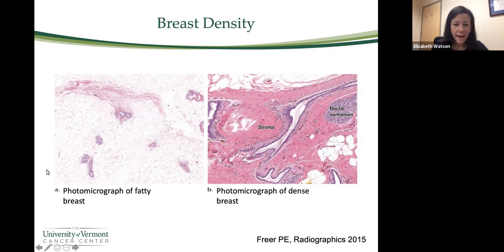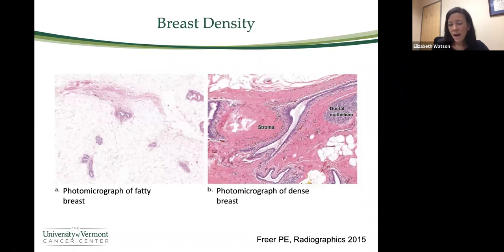And contrast that with the image over on the other side of the screen, which is a photomicrograph, a very magnified view, of dense breast. What you see, which is obviously very different from the first image, are these denser, more pink, more solid areas. This is the dense breast tissue, and you can imagine an X-ray trying to get through this very dense tissue.